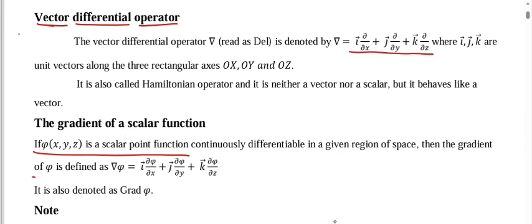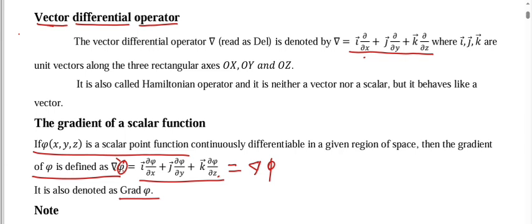Then the gradient of phi is defined as del phi equal to, that is, already we know del is i vector into dou by dou x plus j vector into dou by dou y plus k vector into dou by dou z into this scalar point function, that is del phi equal to i vector into dou phi by dou x plus j vector into dou phi by dou y plus k vector into dou phi by dou z. It is del phi, that is reverse del phi, that is the gradient of a scalar function. We also read it as grad phi.